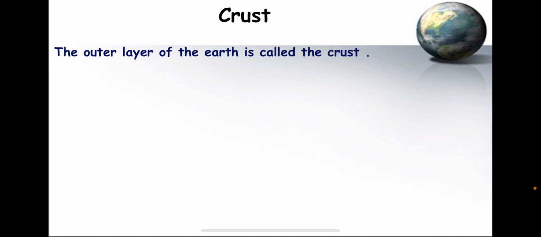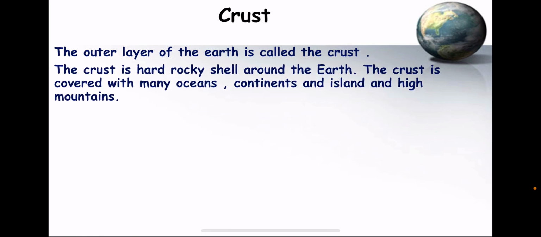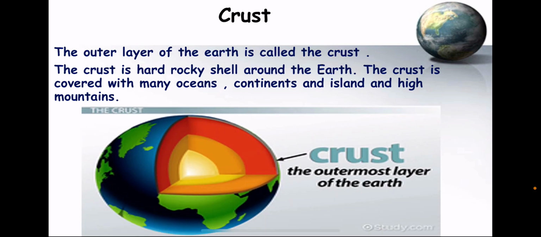The outer layer of the earth is called the crust. The crust is a hard rocky shell around the earth. The crust is covered with many oceans, continents, islands, and high mountains. Now you can see the outermost part. It is the outermost rocky surface layer of the earth.